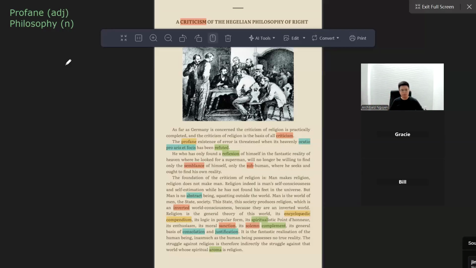Or people can ask you, what is your philosophy of relaxation? What is your philosophy of entertainment? In other words, I can say something like this: how do you entertain yourself? How do you choose to relax yourself?